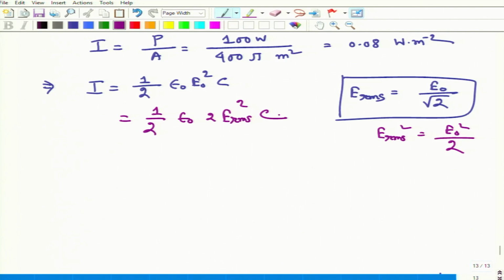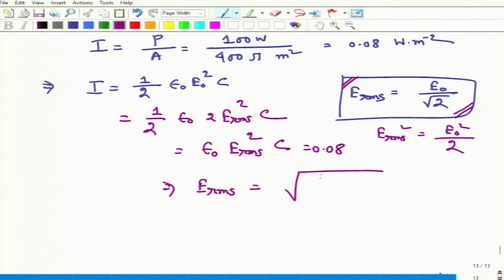So it is epsilon naught E RMS square times C. See, this is a very important formula. If you don't know it, you can't do the problem. So this is the intensity, which is 0.08. So now E RMS squared should be 0.08 divided by epsilon naught times C. So it is 0.08.